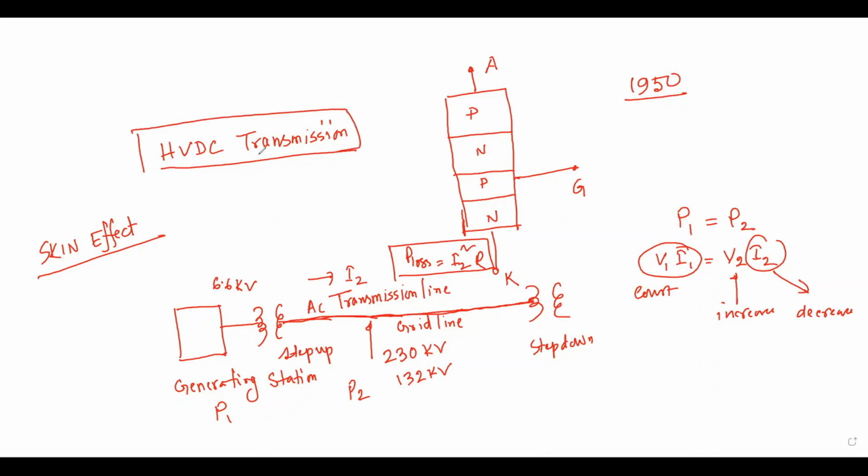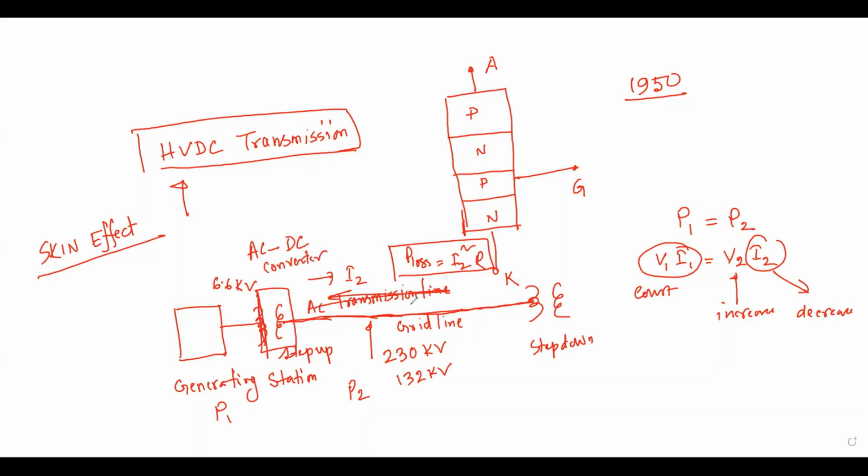In our country, we don't have HVDC, but in the USA, in Germany, and also in some European countries where the transmission line is more than 1,000 kilometers, they use HVDC. As mentioned in the video, they use an AC to DC converter.